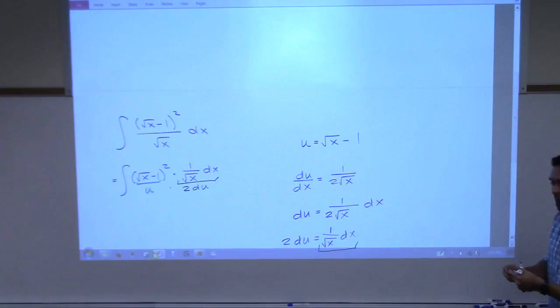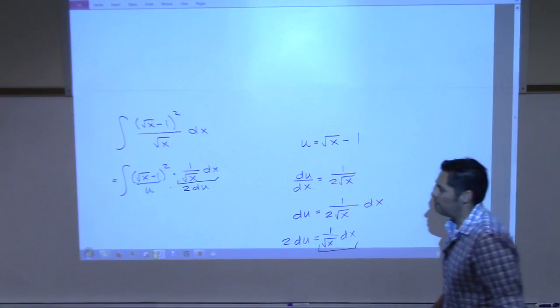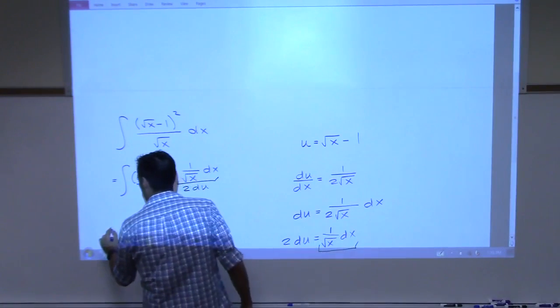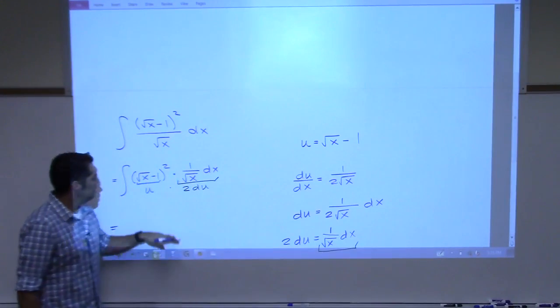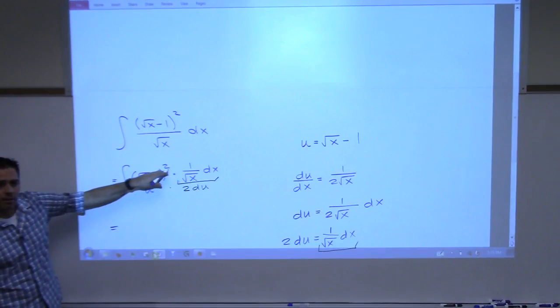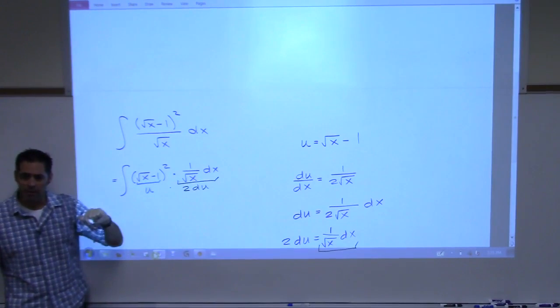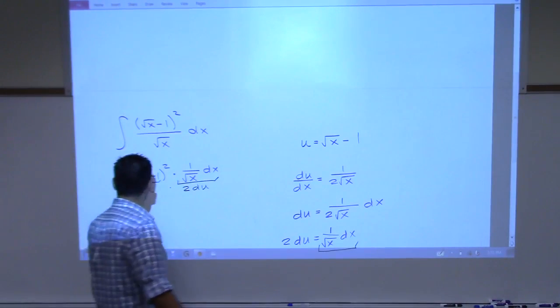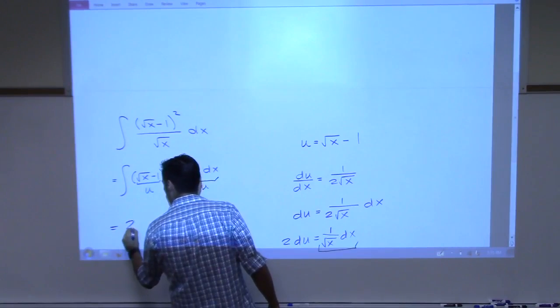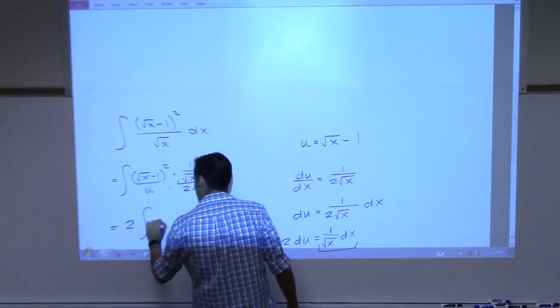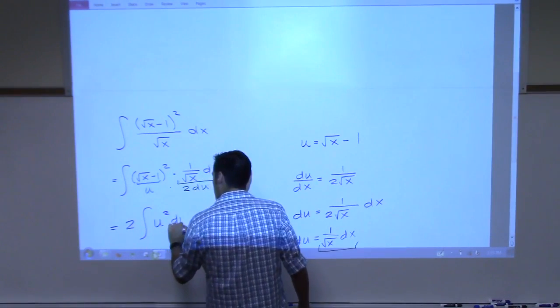So I'm ready to rewrite the integral. And when I rewrite this, I will have u squared, right, 2 du. The 2 I'm going to bring out right away, just bring it out of the integral. I'll have my u squared and then du.